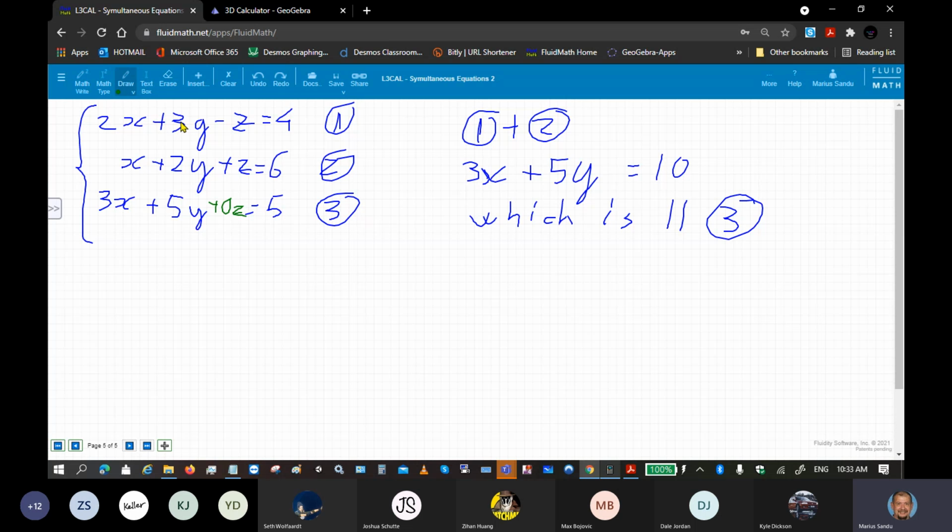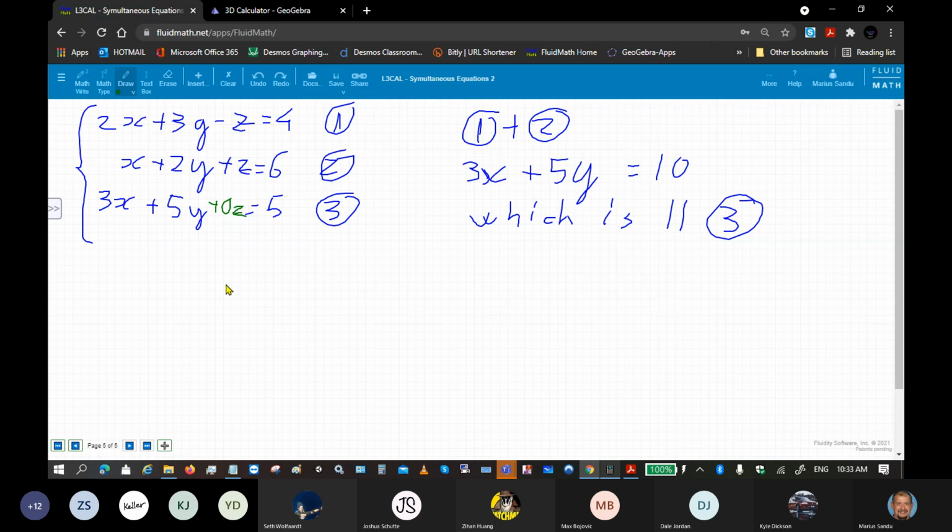This one would be 9y, this one would be 10y. So there is no proportionality whatsoever. But I can see that there is a combination between the coefficients of two of the equations and the third.